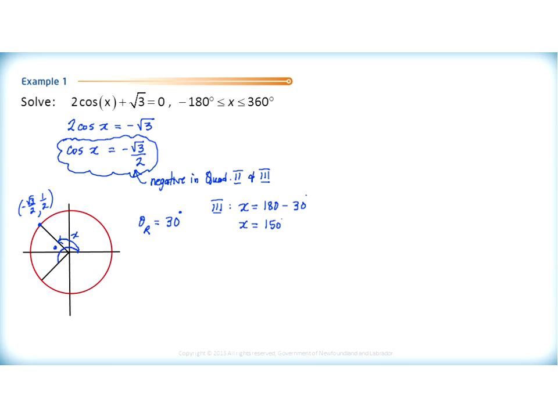As well, if we go into quadrant 3, the cosine of the angle is still -√3/2, but the sine this time will be -1/2. So in quadrant 3, the measure of this angle x is going to be given by 180 plus 30 degrees, so x there is equal to 210 degrees. I indicated quadrant 3 in the last example, but that was quadrant 2.